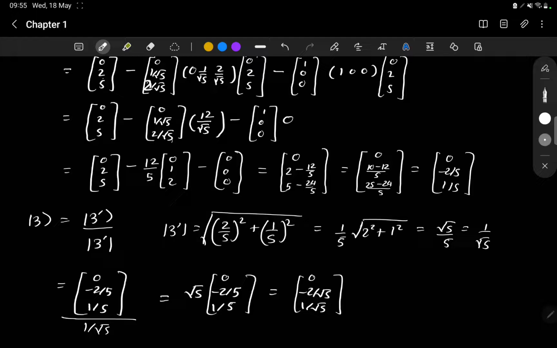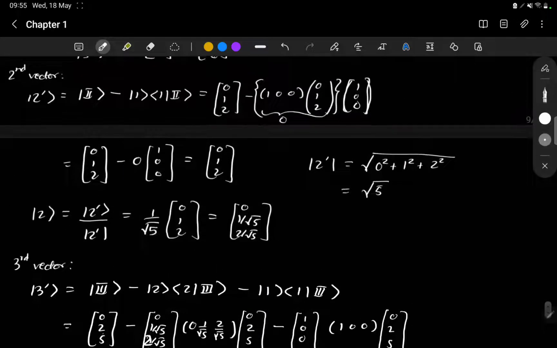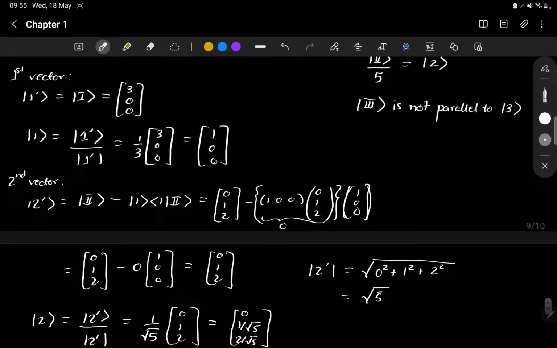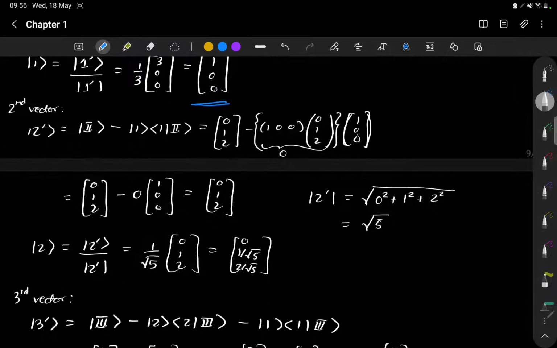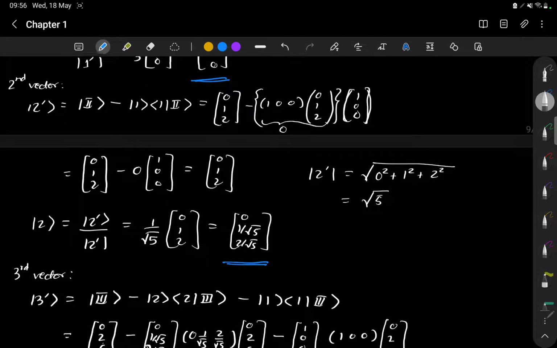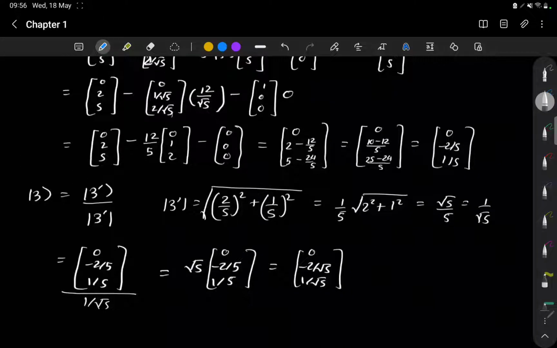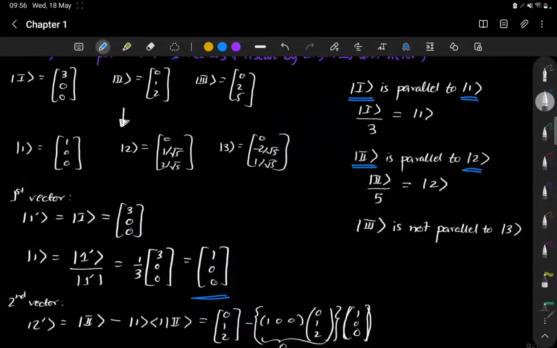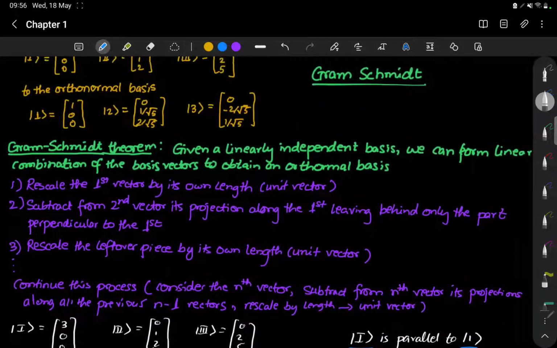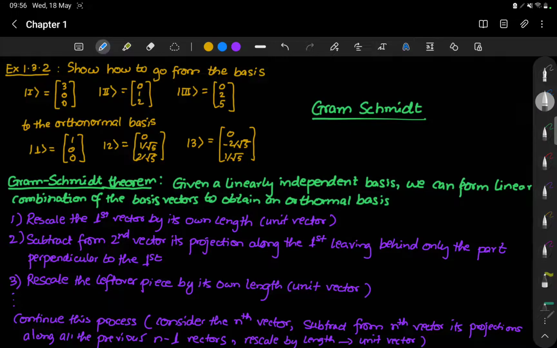So we have solved this question. We have obtained vectors 1, 2 and 3. These 1, 2 and 3 are exactly the same as what we wanted to show in this question, starting from the Roman 1, 2 and 3.